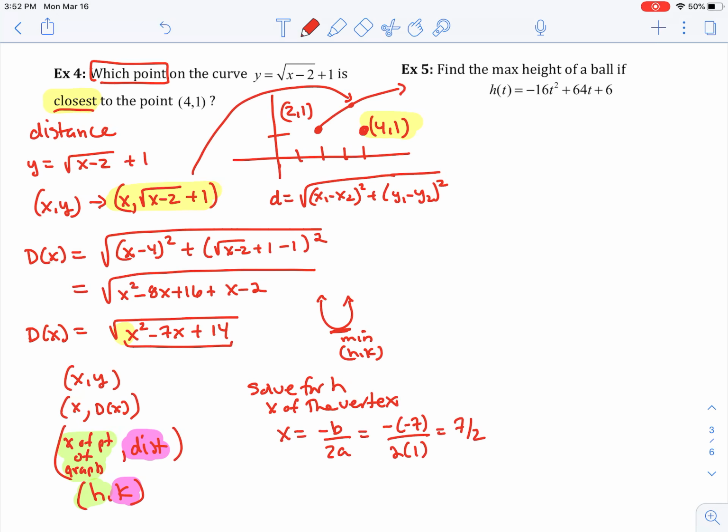So the x of our point is 7/2, and keep in mind that we represented our point over there.